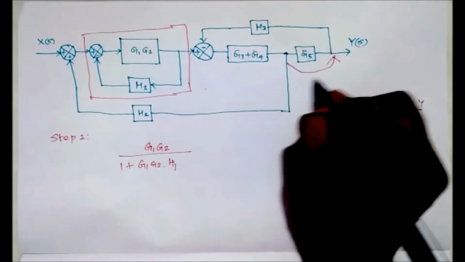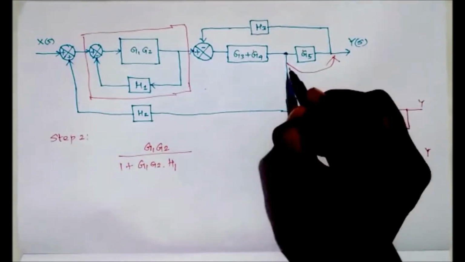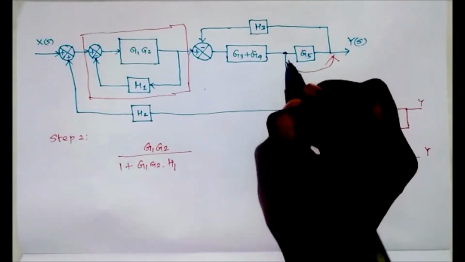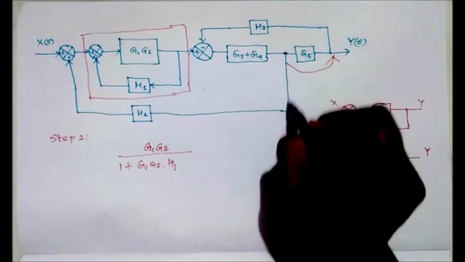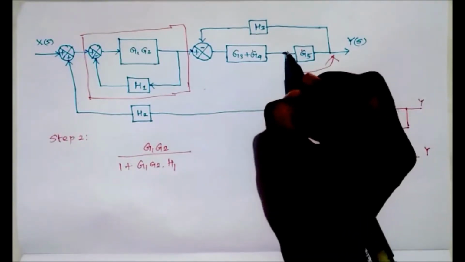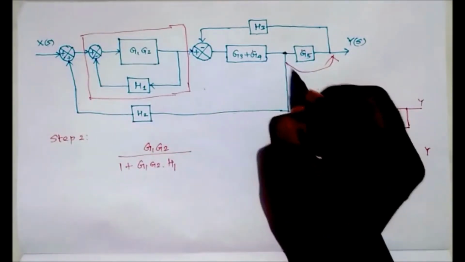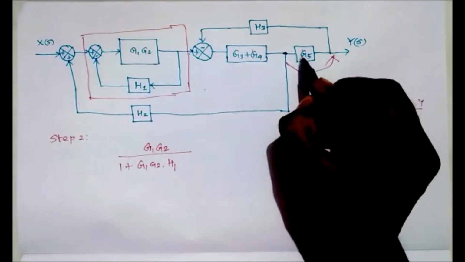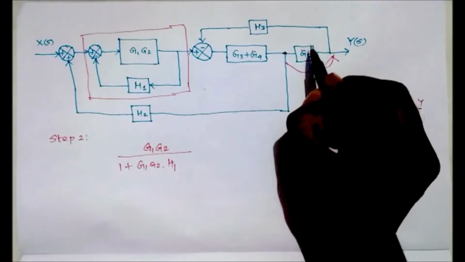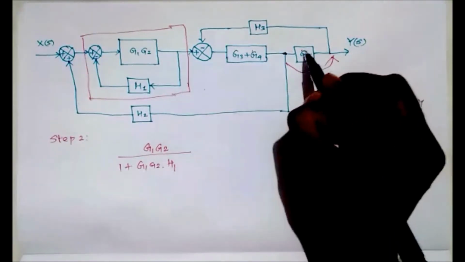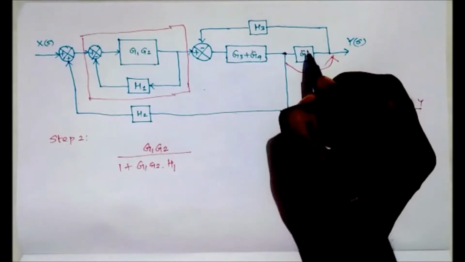Then if we move this branch here, what will happen? Now this is a splitting point, therefore at this point whatever the output is, the same thing will go here. Suppose if we move this branch here, this will also be multiplied by this gain, therefore we have to divide by this g5.